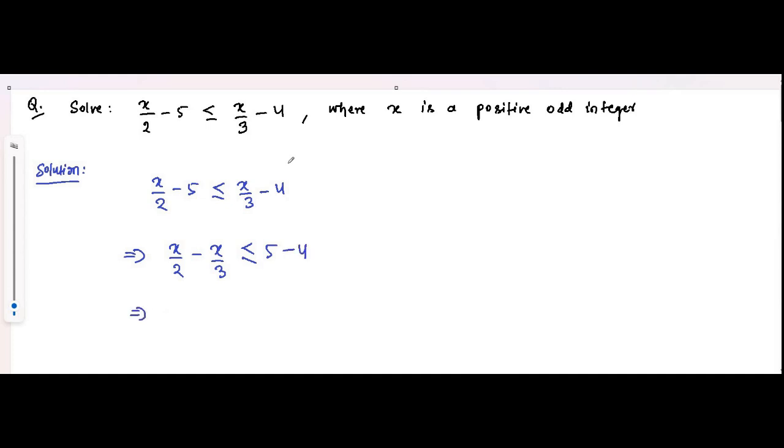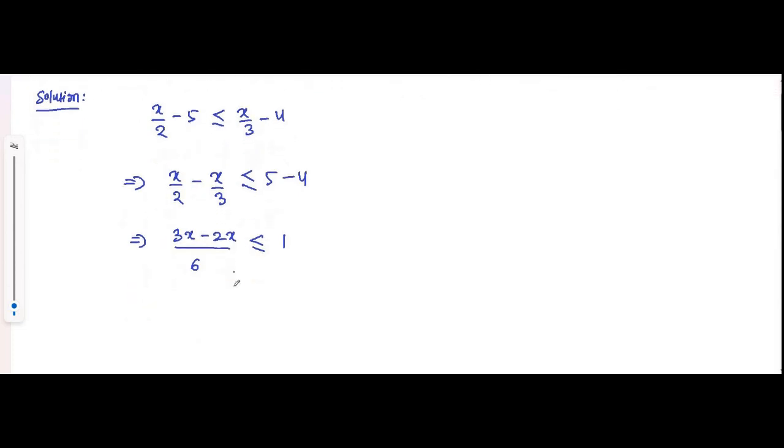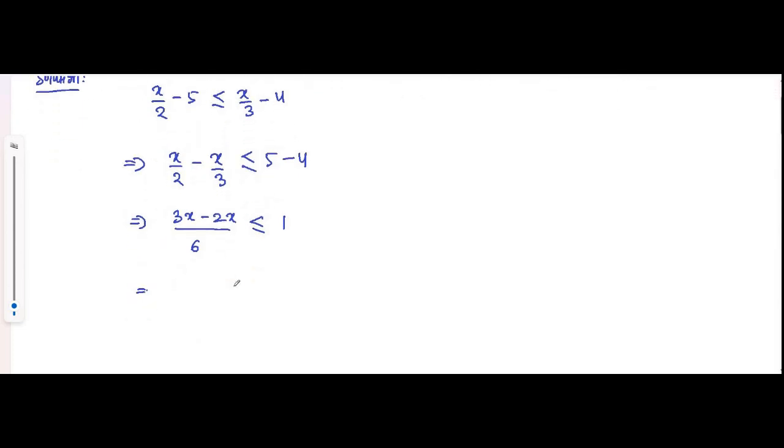Here the LCM is 6, so it becomes 3x minus 2x over 6 is lesser than or equal to 1. That implies x by 6 is lesser than or equal to 1.